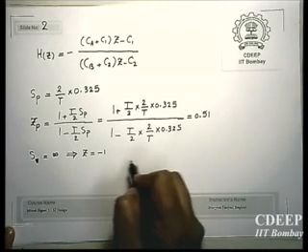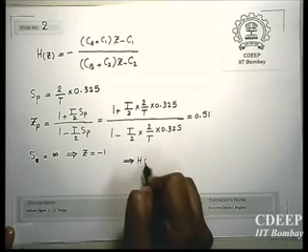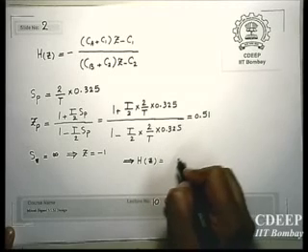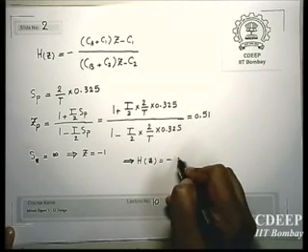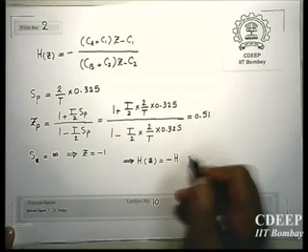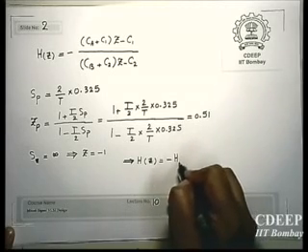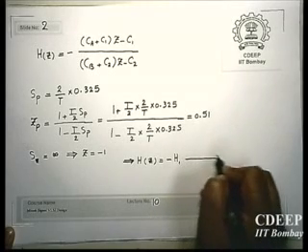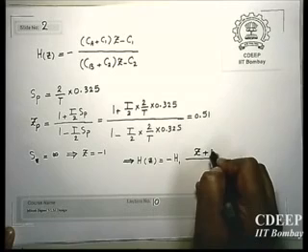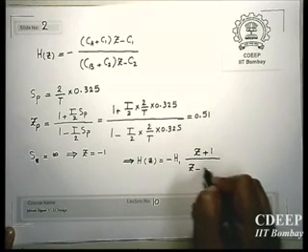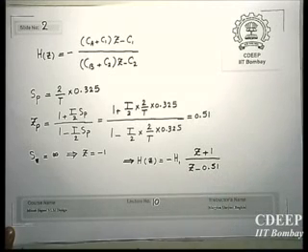And therefore, I can now write H(Z) as some constant value, H, what should I call it, H1, times Z plus 1 over Z minus 0.51. ZP is 0.51.